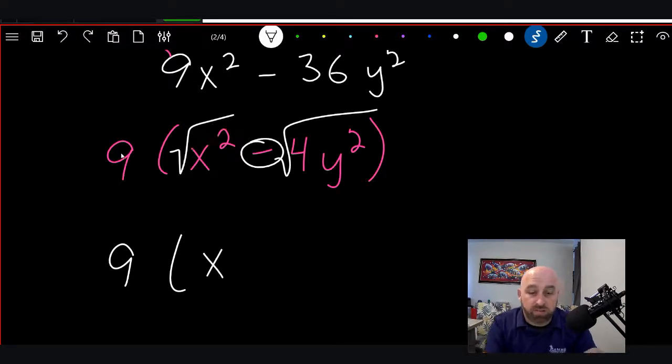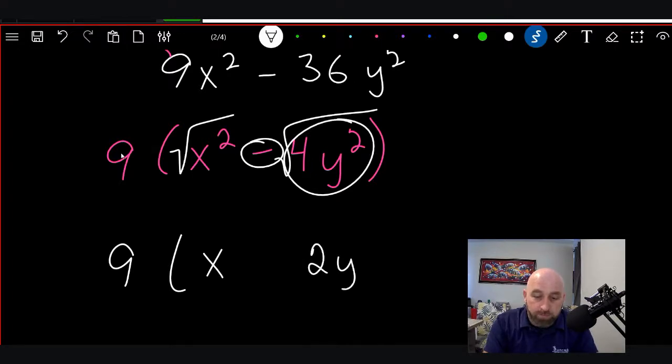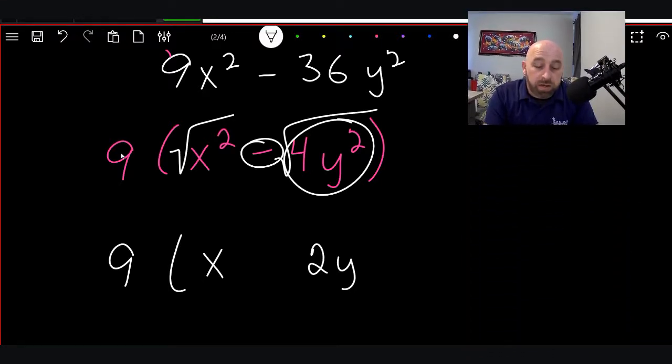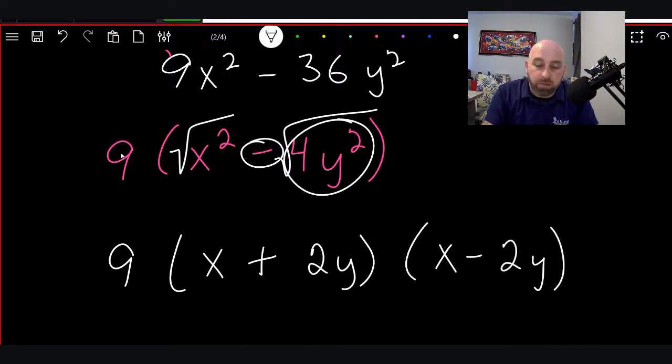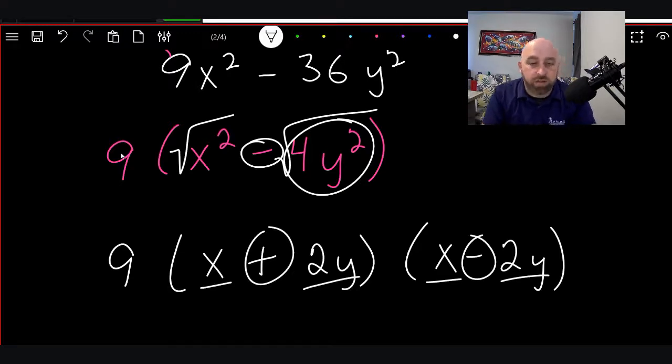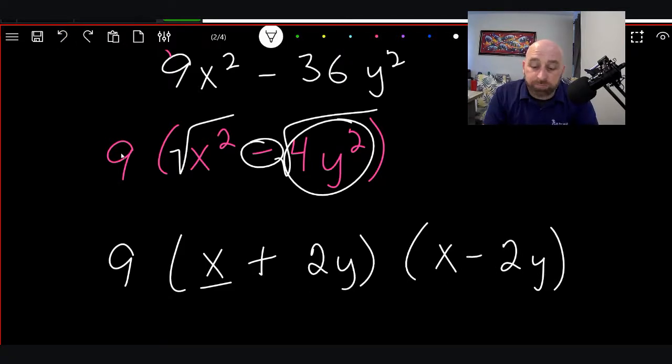Step one is factor the first one and then factor this: 2y square root. And then what do we do? Step number 2 was we make a conjugate out of this. So we have a plus and we have a minus. So it's the same x, 2y, plus minus. We just turned it into a conjugate. And we're done. That is our final answer right there.